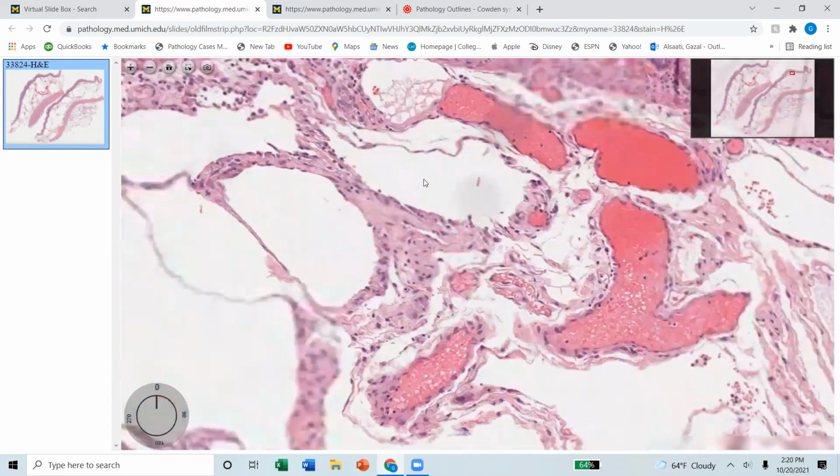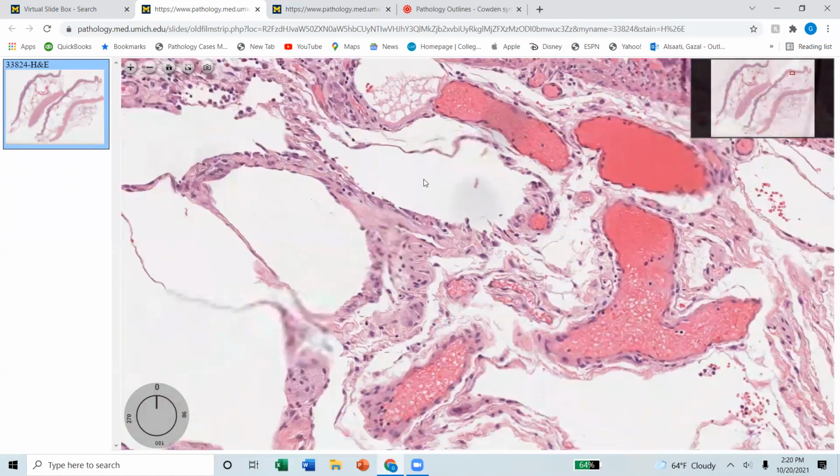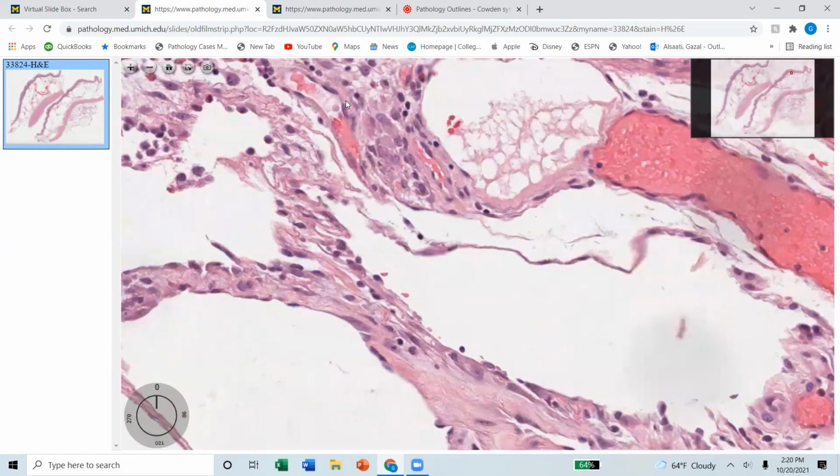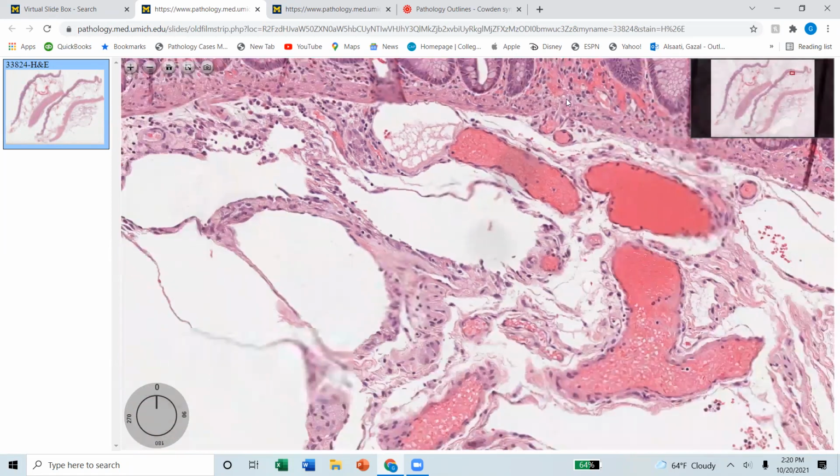But listen here, I can do a microscopic description, and I would say that there are some cystically dilated, open, air-filled, closed spaces in the submucosa with surrounding blood vessels. Some areas may show reactive foreign body multinucleated giant cells, because it's not very prominent here.